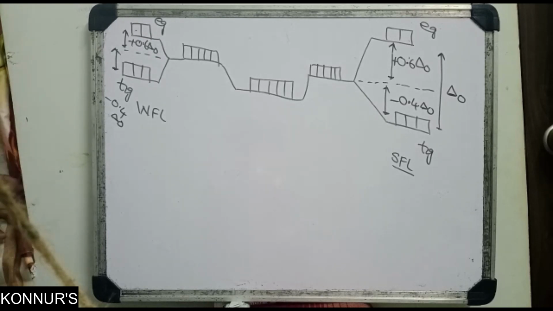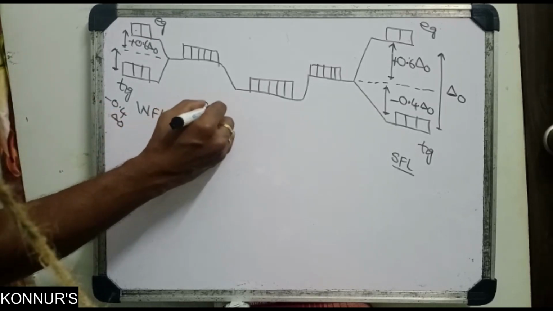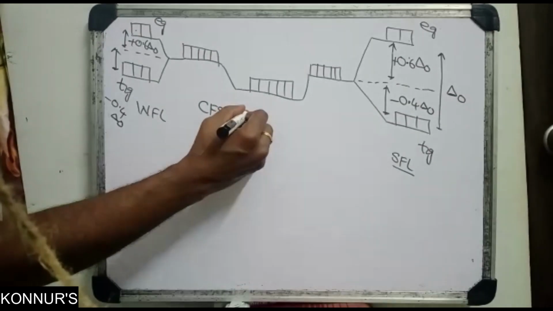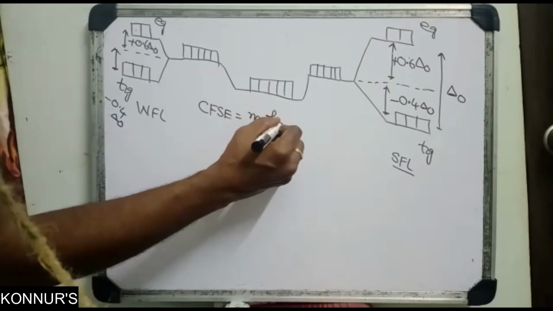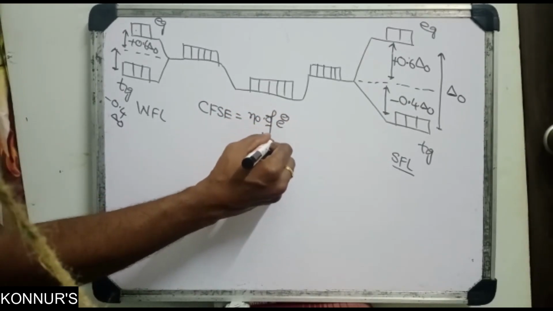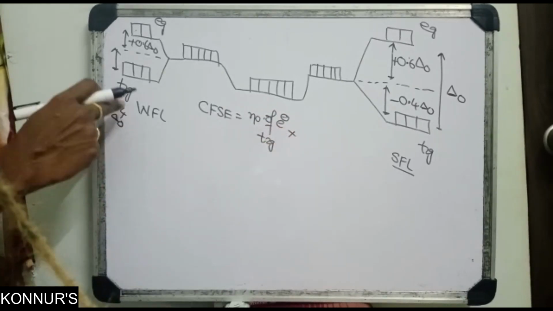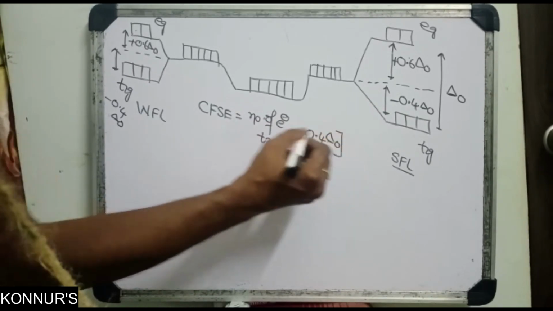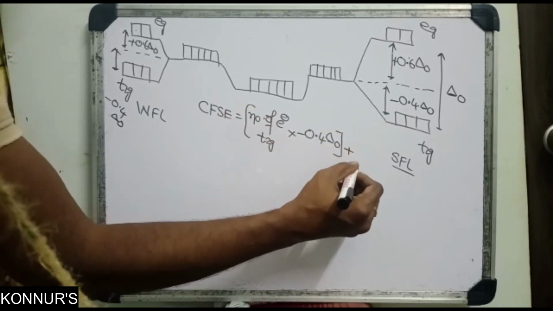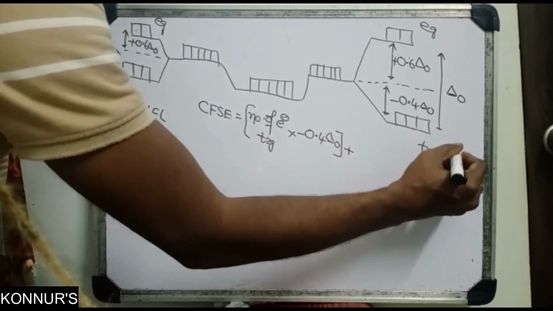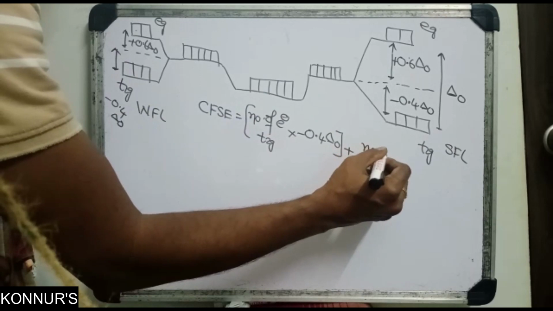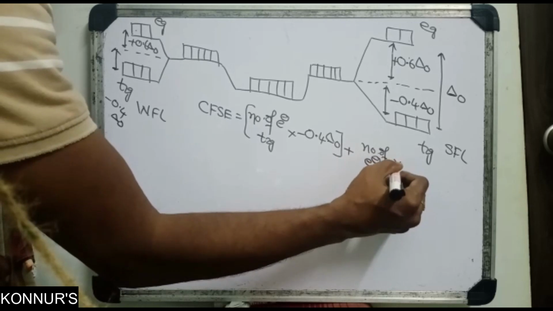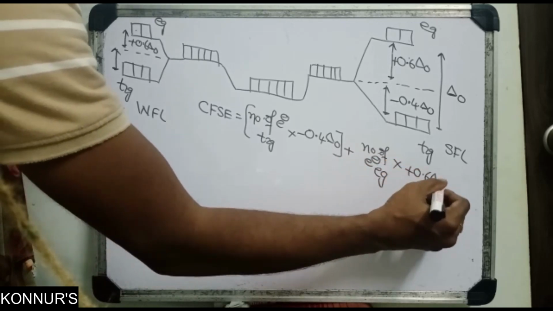Why we take this: you can identify the CFSE value. CFSE means the number of electrons in T2g into minus 0.4 delta 0, plus the number of electrons in Eg into plus 0.6 delta 0.